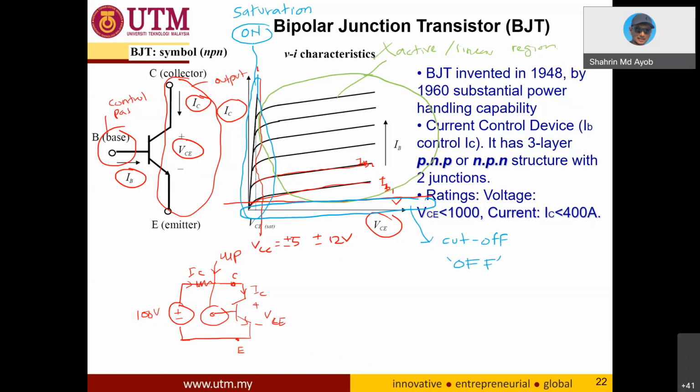So on and off. The switch is either on or off. We will not operate our transistors at this active or linear region, because this is for amplifiers. When you increase the IB, you will have a different IC, so this is where you amplify the signals. But in power electronics, we only use the transistor as a switch, on or off.